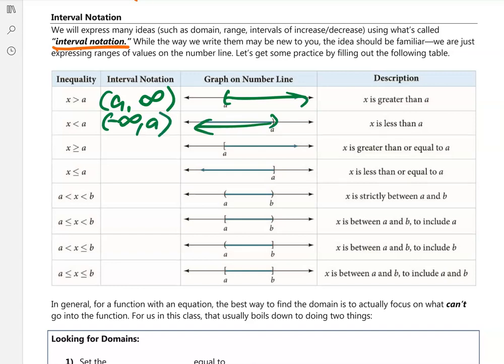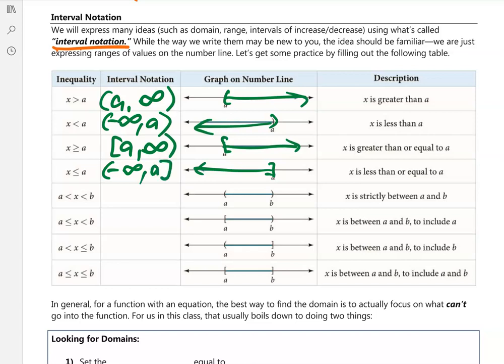Again, close using parentheses. X greater than or equal to a. This time, greater than or equal, we include a to the right. So that is a to infinity. Next, x less than or equal to a, from a and below, to the left. So negative infinity to a.